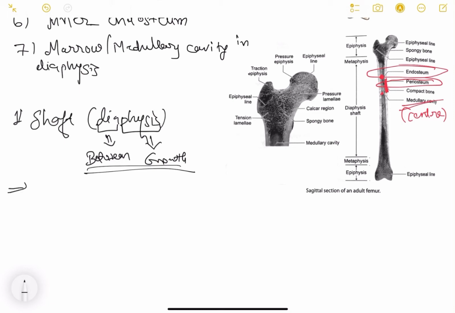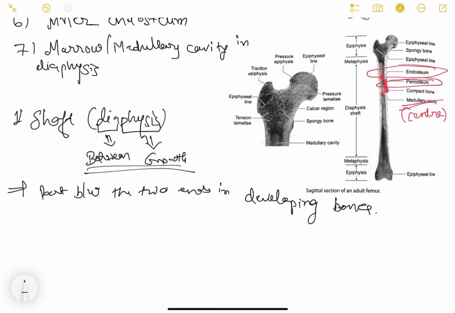Diaphysis is the part between the two ends in developing bones. In a developing bone, the between portion is known as diaphysis, between the two ends.